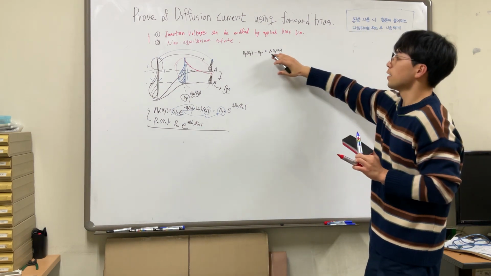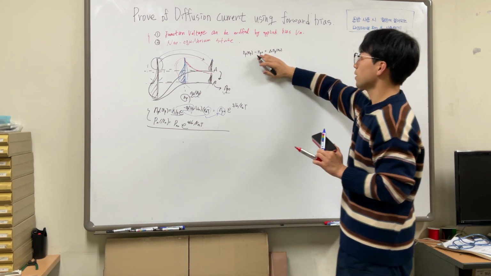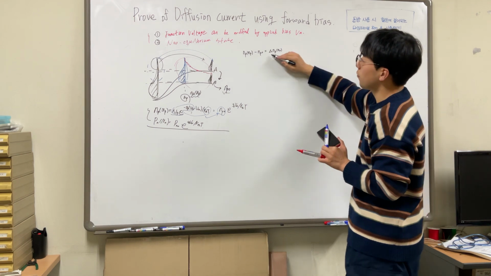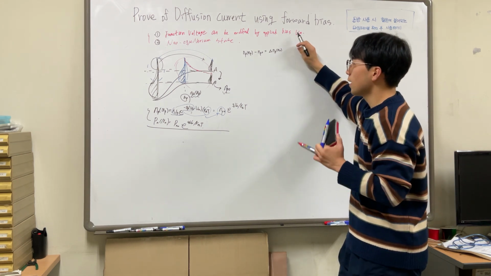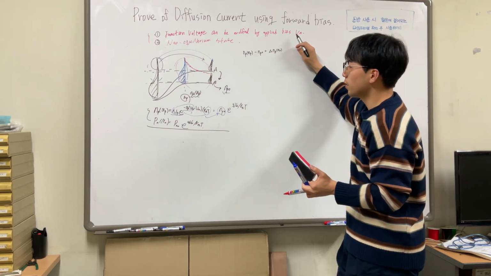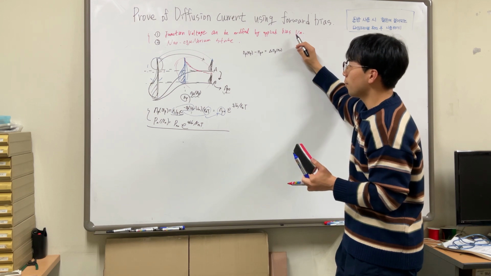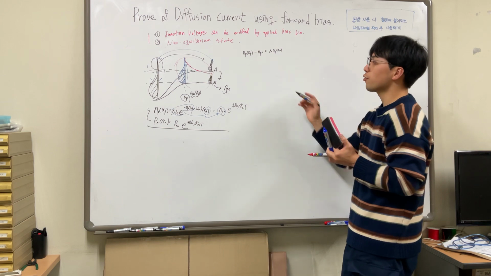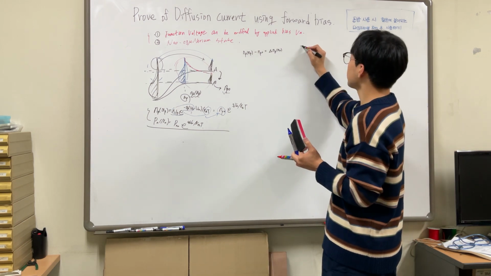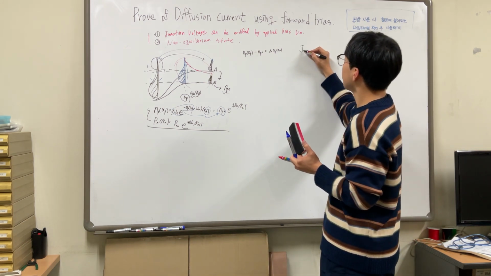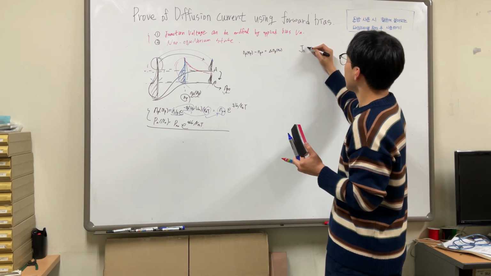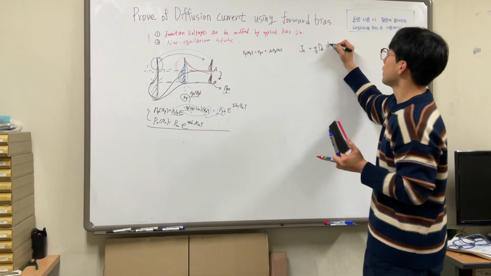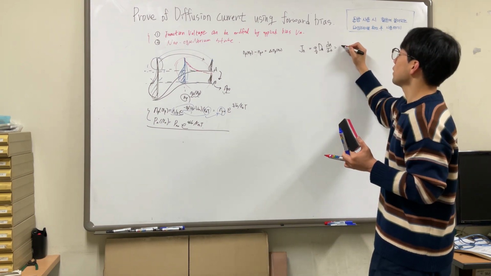The difference is NP(xp) minus NP0, the difference of NP and xp. And we have to solve the diffusion current. The diffusion current Jn is equal to q Dn dn/dx, and it is the same as this.